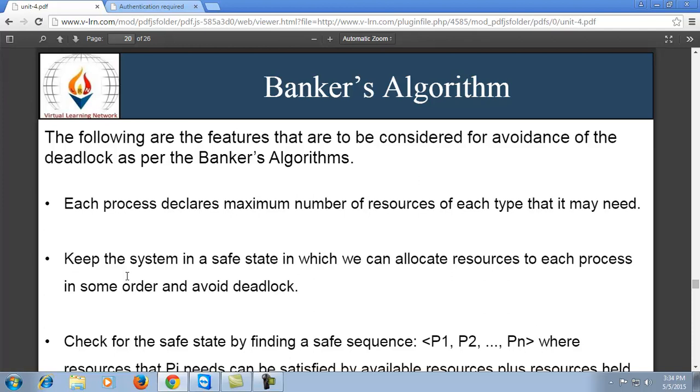Next, keep the system in a safe state in which we can allocate resources to each process in some order and avoid deadlock. Define the ordering for allocation of resources to a number of processes in that scenario. Next one is check for the safe state by finding a safe sequence, which resource is allocated to which process first.